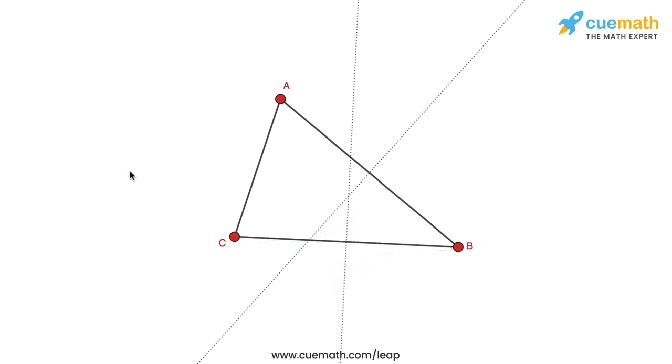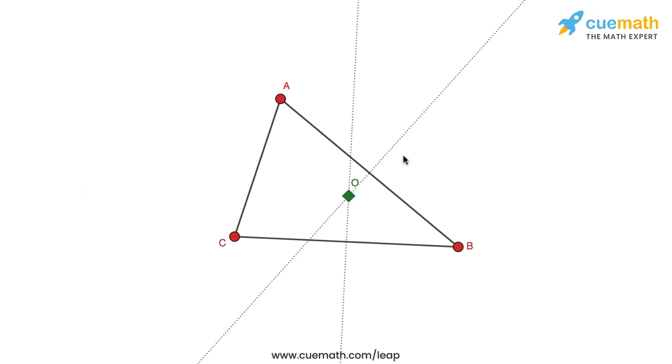So now that brings us to a very interesting point. If we take the point that lies on both the perpendicular bisectors, and there is only one such point, the intersection of the two perpendicular bisectors, let's call it O, then what can you say about this point in terms of its distances from the vertices?